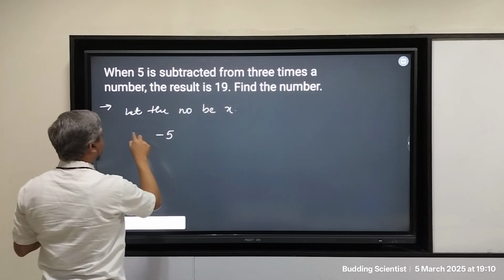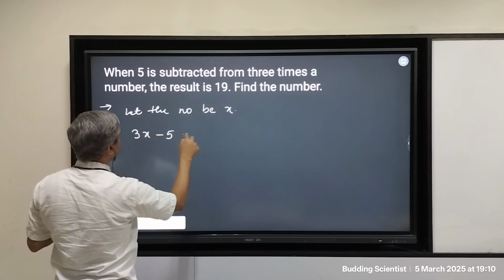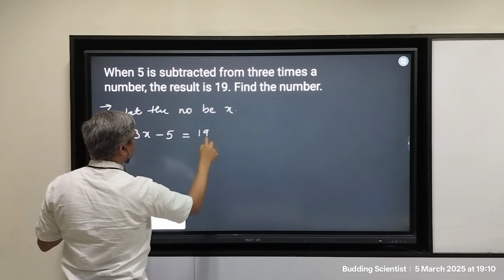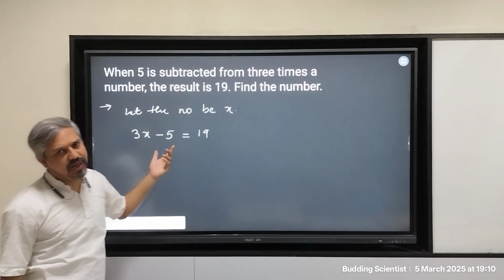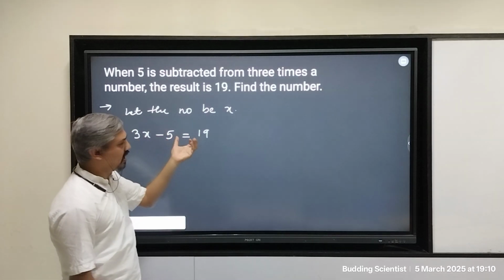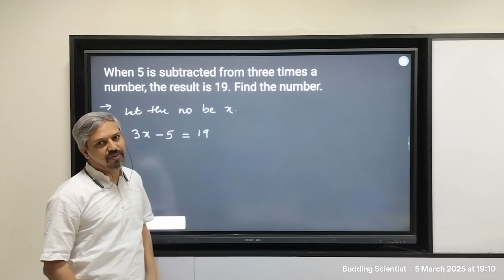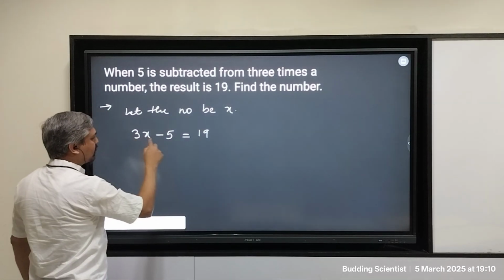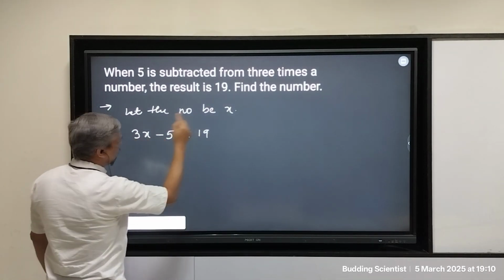From 3 times the number, is equal to 19. If you get this, you will get the right answer anyway. If you make a mistake while writing this, then it is doubtful. Otherwise, you will get the answer. 3x minus 5 is equal to 19. Minus 5 comes here.